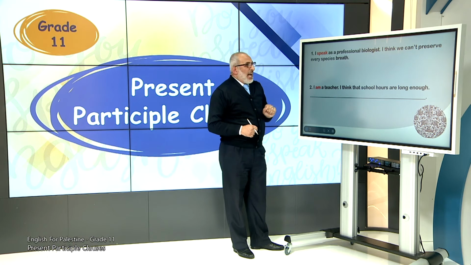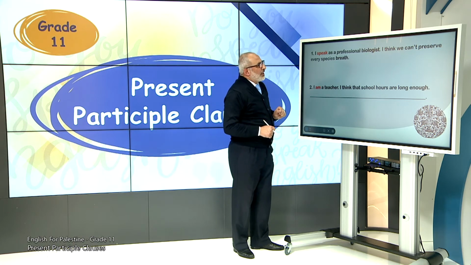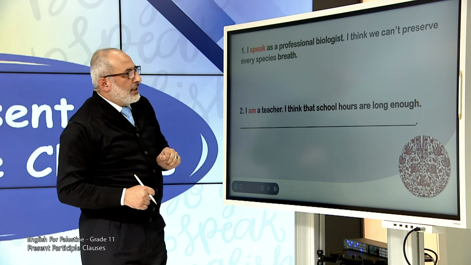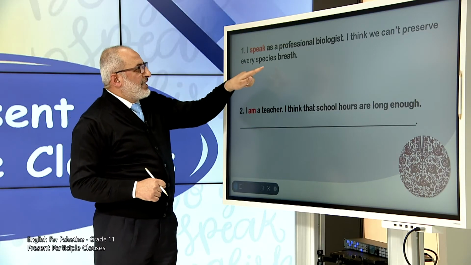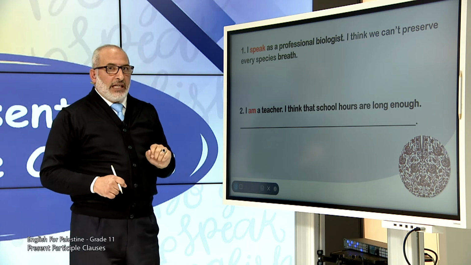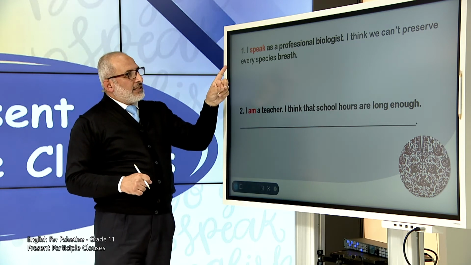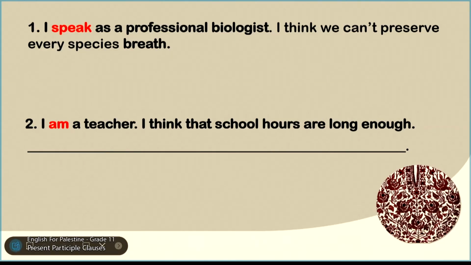Number 1, I speak as a professional biologist. I think we can preserve every species' breath. Again, if you look at this, actually these are two sentences. Here we have sentence 1 and sentence 2.